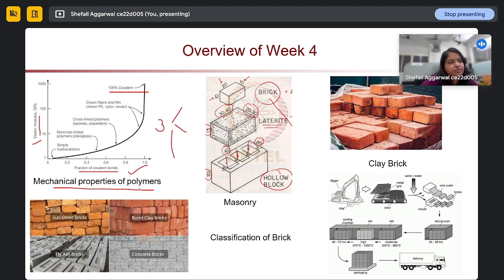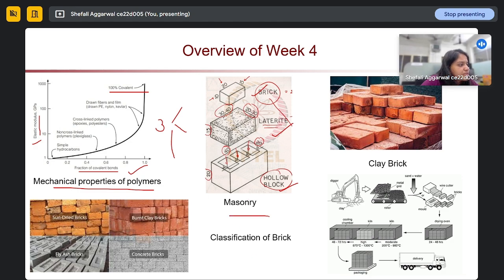In masonry, there are three different types we usually say: brick, laterite, and hollow block. It can be made of clay, it can be made of mortar. Those are the main materials which we currently use to make our masonry structures.